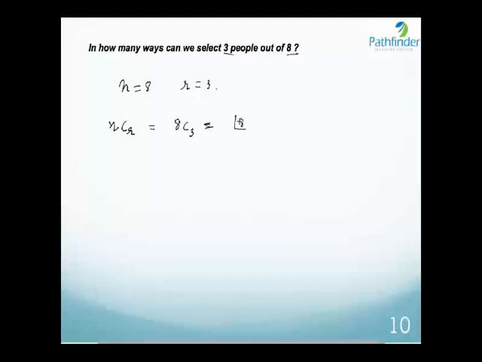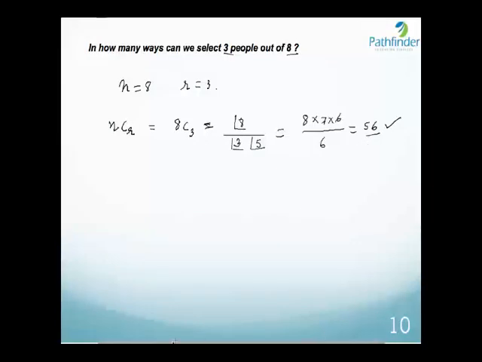Factorial 8 divided by factorial 3, factorial 5, which is nothing but 8 into 7 into 6 divided by 6, which in turn is equal to 56. So number of ways in which you can select 3 people out of 8 is equal to 56.